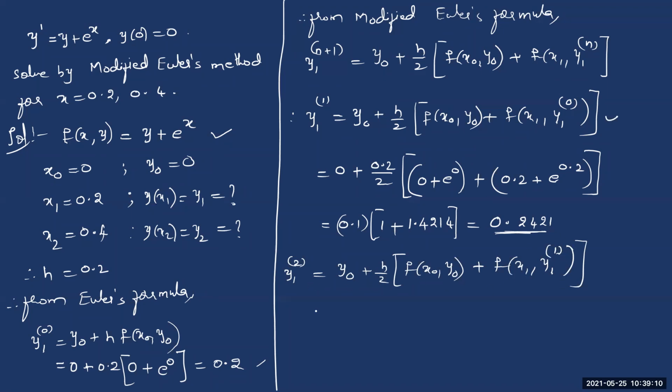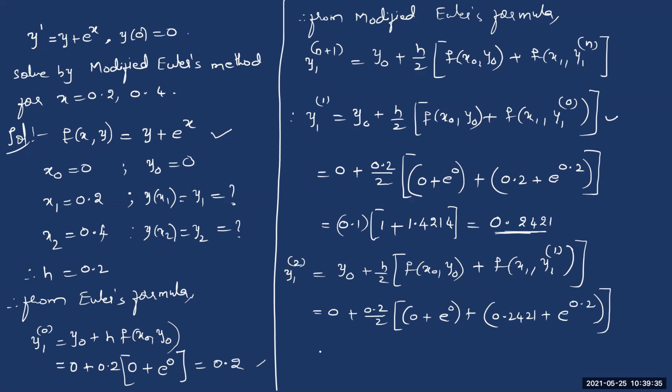Let us substitute everything again. It is 0 plus 0.2 by 2 into f of x naught, y naught, the same thing. So 0 plus e to the power of 0 plus, this time y1 first approximation, which we got as 0.2421, plus e to the power of x1. X1 is again 0.2 only.